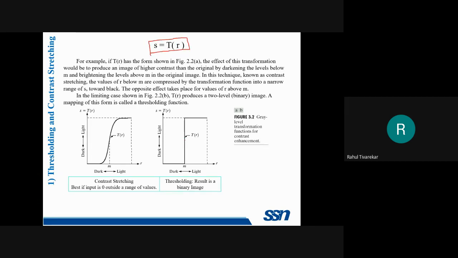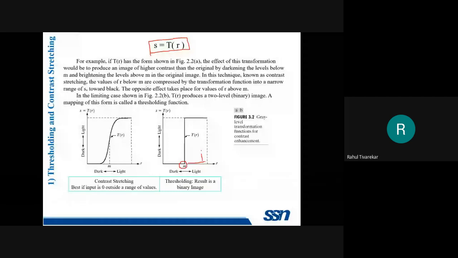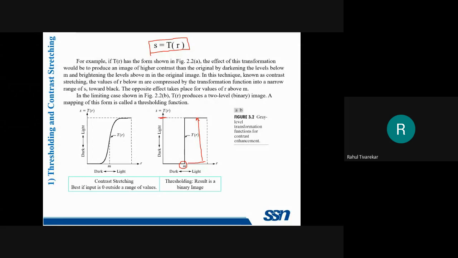Basically in thresholding, we choose some intermediate intensity level, let's say M. Whatever input intensities you have above M, you mark to the output intensity S with some higher value, let's say L minus 1, and whatever input intensities are lesser than M, you consider as output intensity 0.